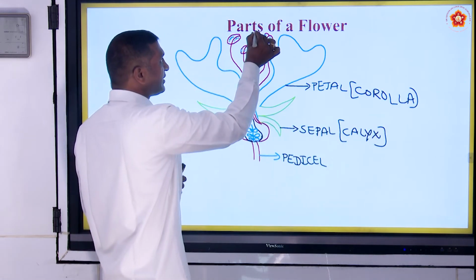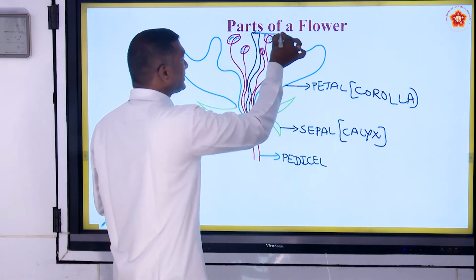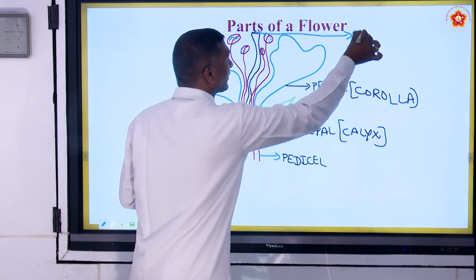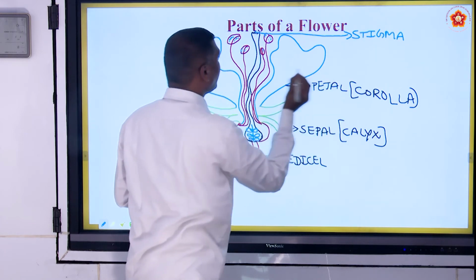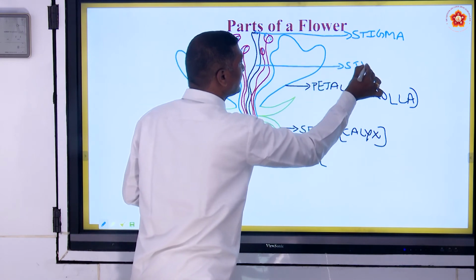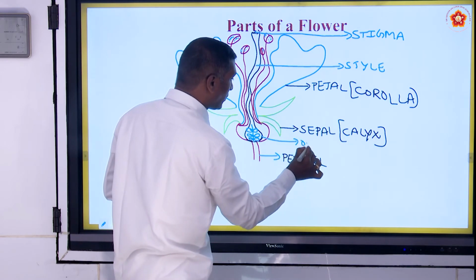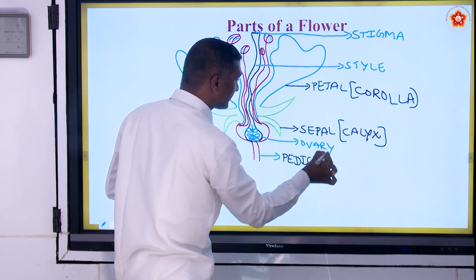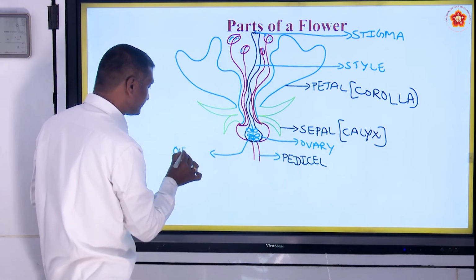Next, at the top, for your kind information, it's a sticky stigma. It is sticky in nature. And we have this elongated part which we call the style. Then you have the bulged part, the ovary. And inside you have the ovule.